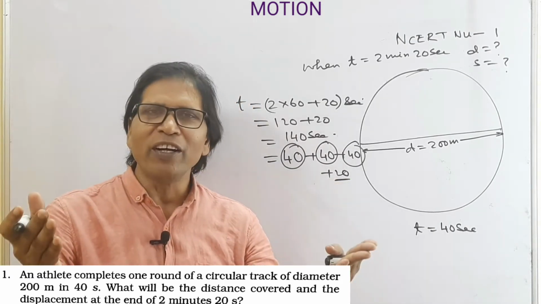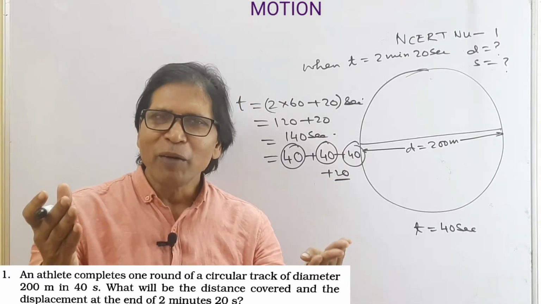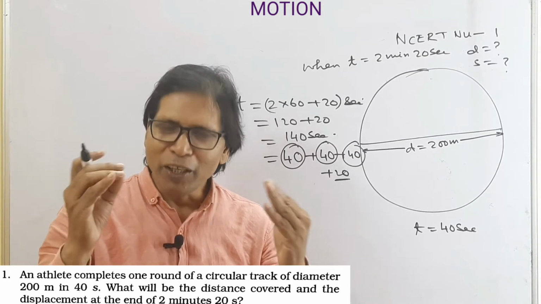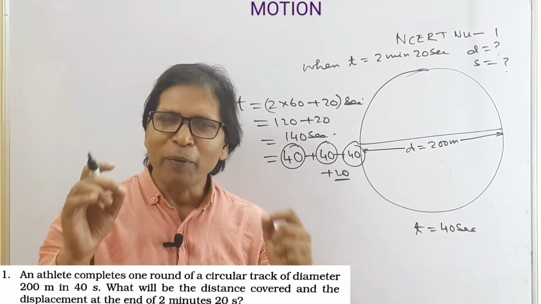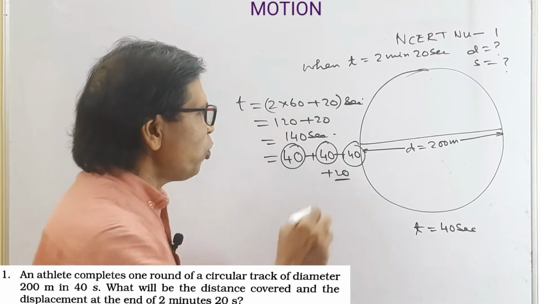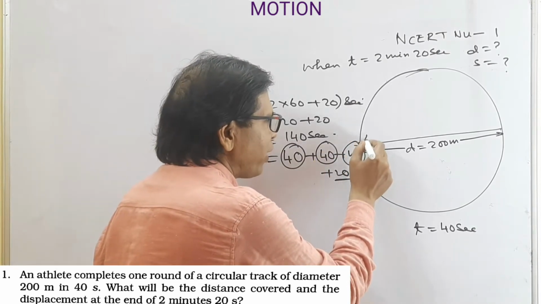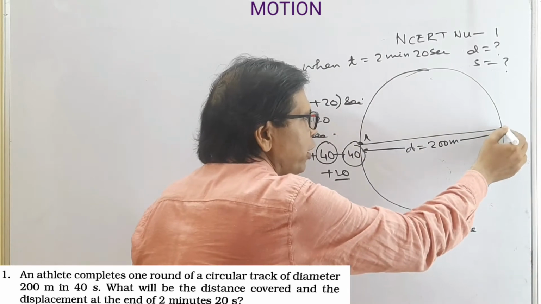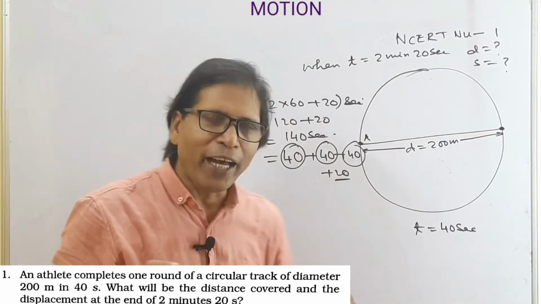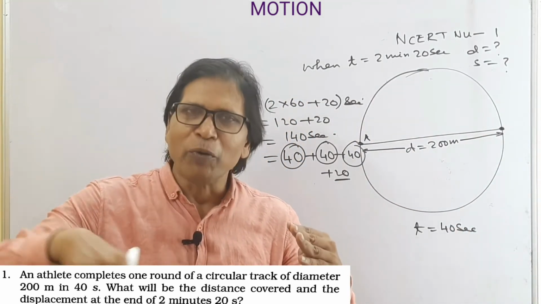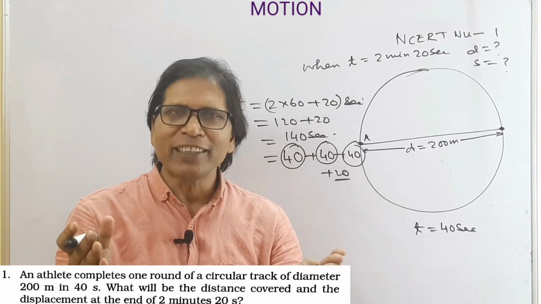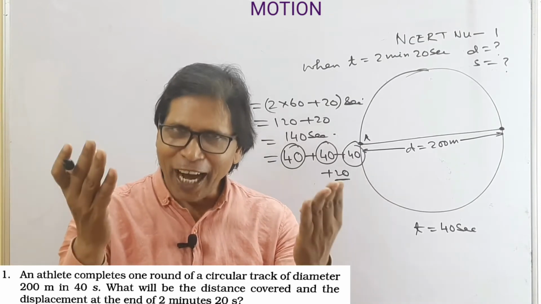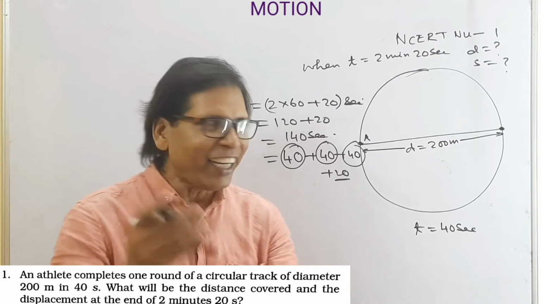For one round, the time required is 40 seconds, so in 20 seconds, it covers half a round. If O is the starting point, the athlete finally completes 3.5 rounds.